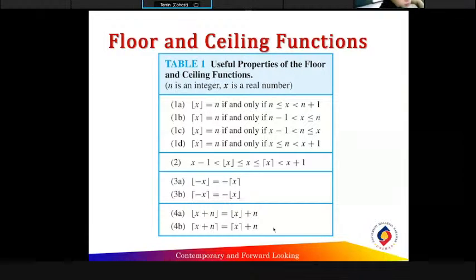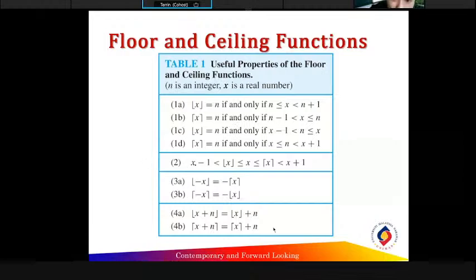If n is less than or equal to x, and x is less than n plus 1, then the floor of x is n. I don't know what is all this, no point remembering.